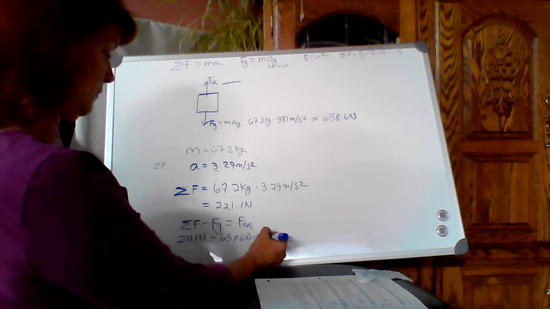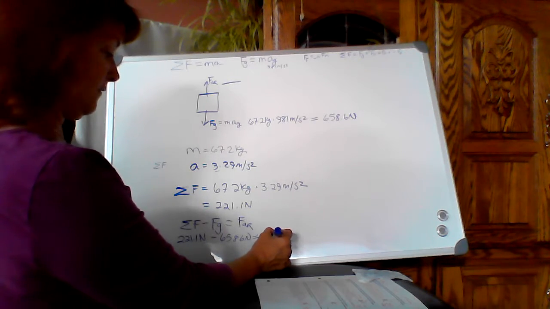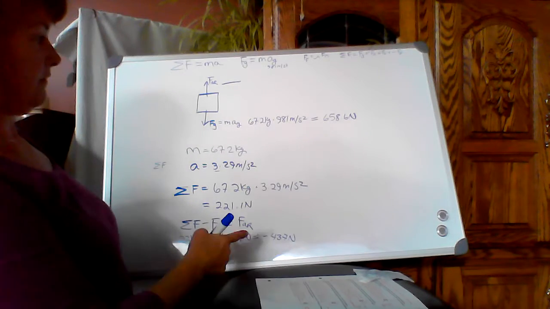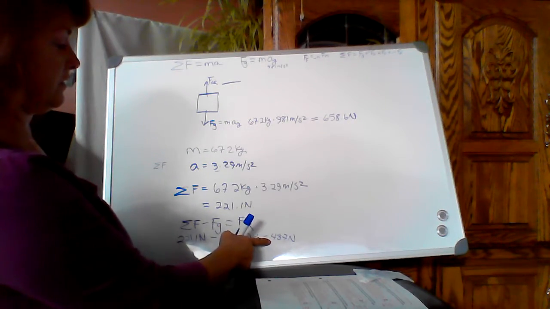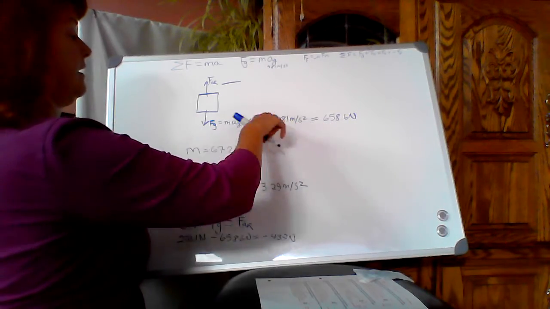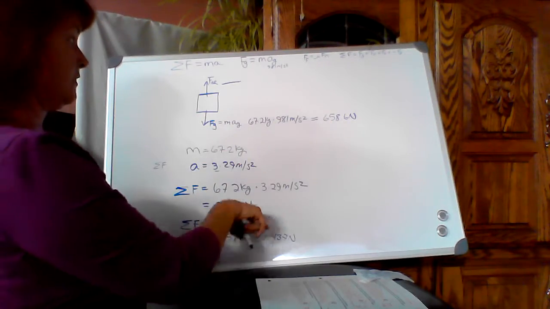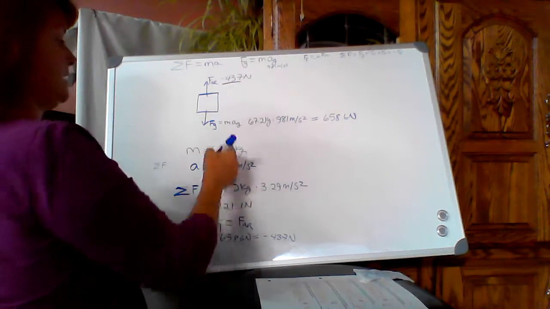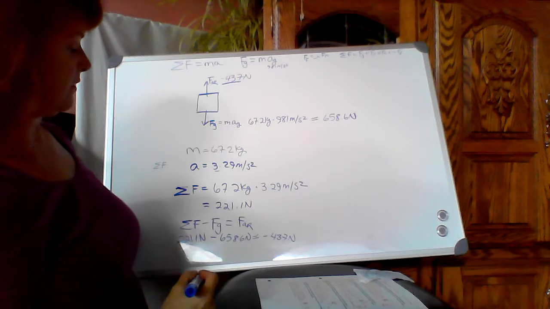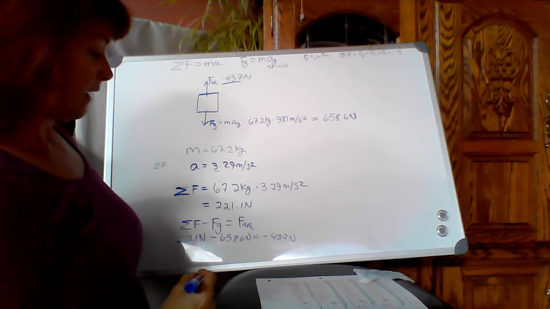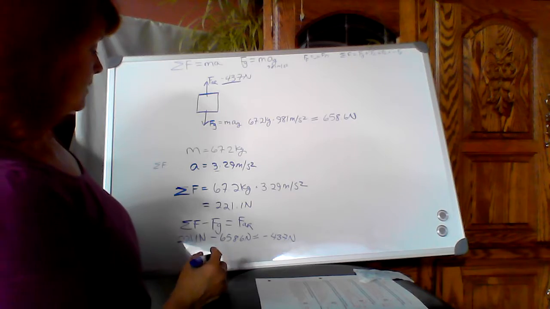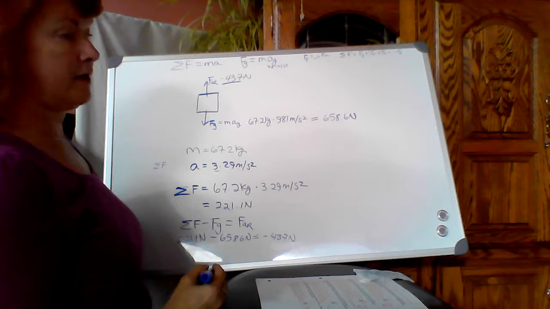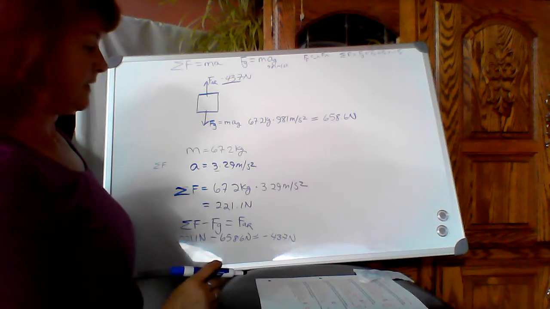So that's going to be negative 437 newtons. Now remember that negative just tells me a direction. My force of gravity was positive, so this is negative 437 newtons. It just means it's acting in the opposite direction, so we already knew that. And so our air resistance on this skydiver is 437 newtons.